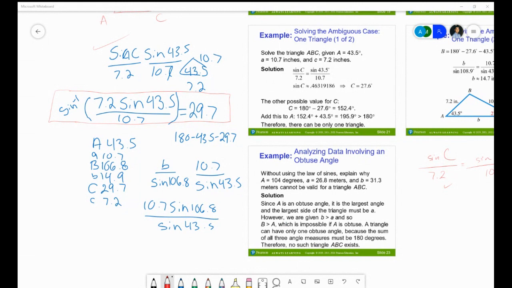Sine 43.5, 10.7. I got 27.59. That's what I just got too. Yes, so you should get 27.6. So I see you got 29.7. I must have typed something in wrong.